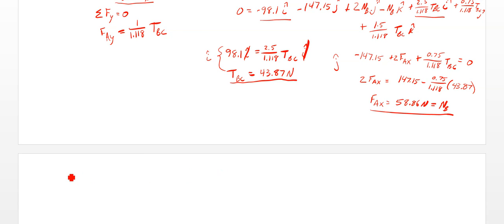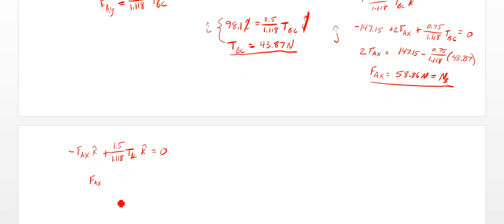So we have negative FAX K plus 1.5 over 1.118 tension BC K equals 0. Oh, I guess I'm solving for FAX again, so we'll skip that step. Our K's led us to the same solution.